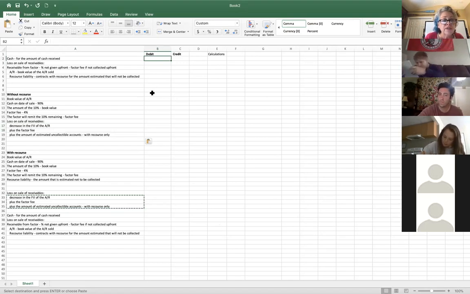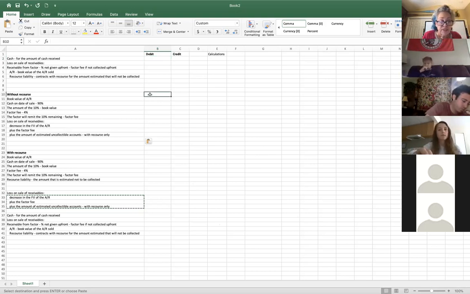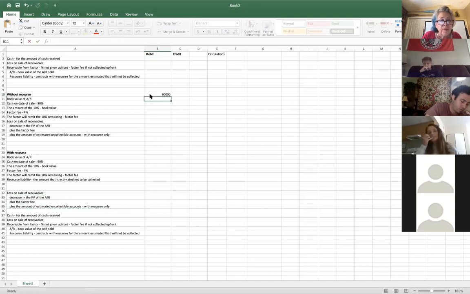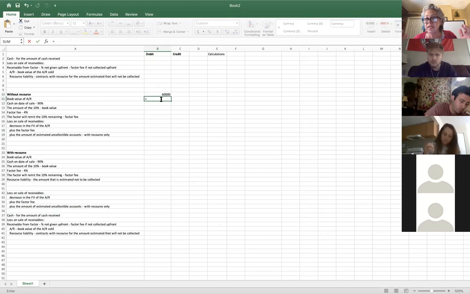Okay, good. So what is the book value of my accounts receivable? 60,000. Good. And they're going to remit 90%. That is 90%, and the 10% is not set. It depends on the contract.